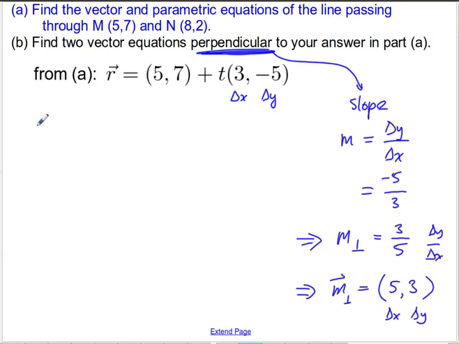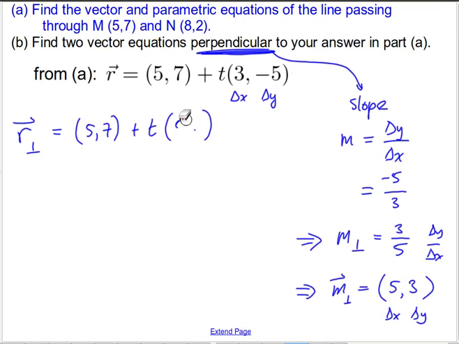And so the line that is perpendicular to my original line still has to pass through this point. So we use the same initial vector plus t times (5, 3), which is our perpendicular.